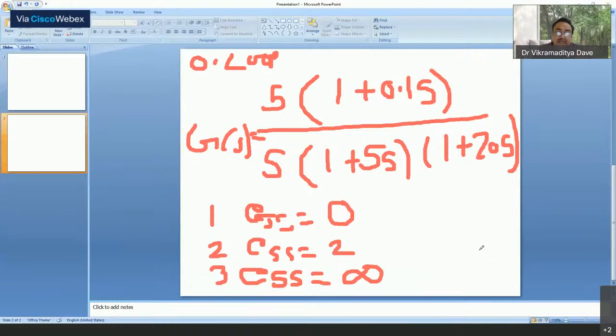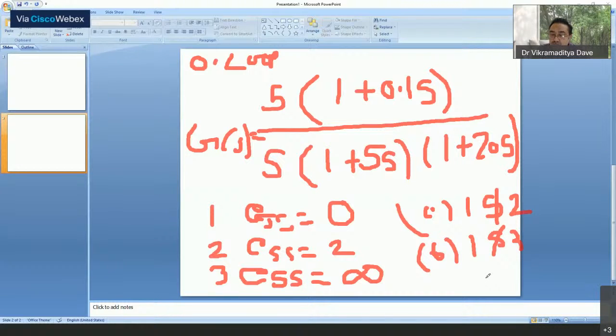Now, these are 3 statements given regarding this open loop transfer function, and you will be given options A, B, C, D. Option A is that only 1 and 2 are correct. Option B is that only 1 and 3 are correct. Option C is that only 2 and 3 are correct.